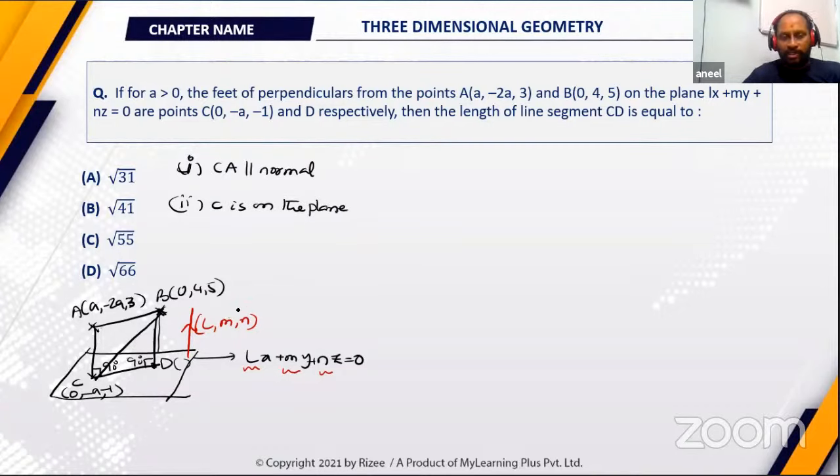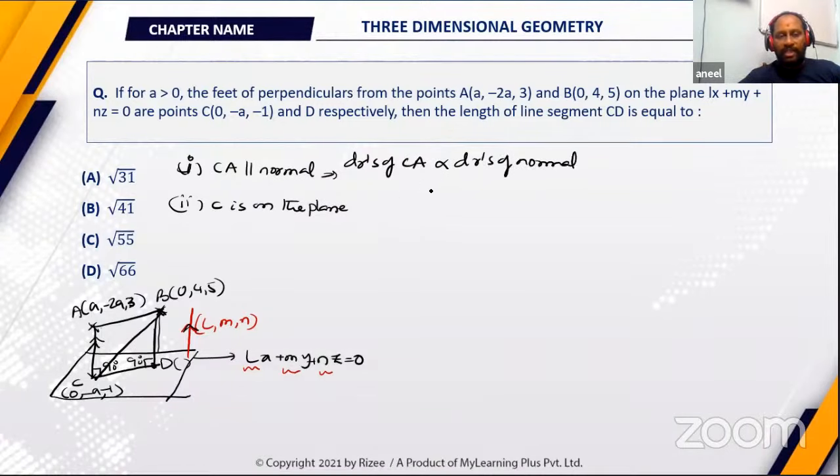When two vectors or two lines are parallel, in 2-dimension we say their slopes are equal. Now in 3-dimension, we say the direction ratios are proportional. So CA is parallel to the normal, so the direction ratios of CA are proportional to the direction ratios of the normal.